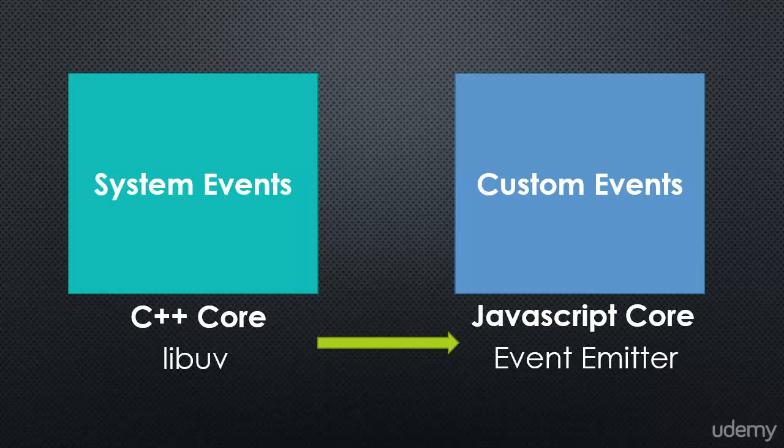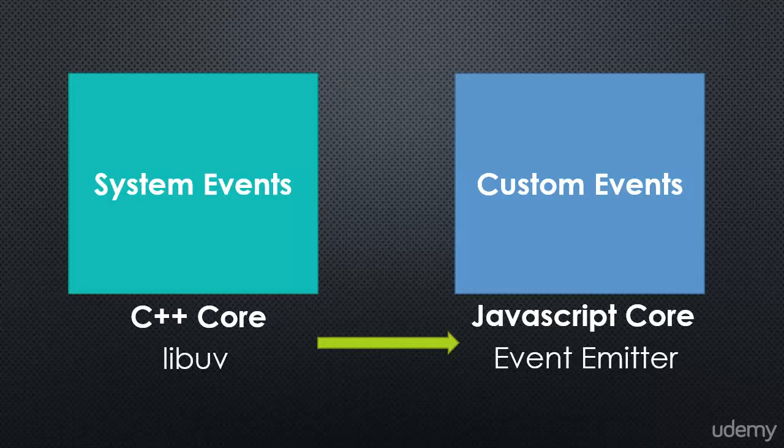So oftentimes, when an event occurs in libuv, it generates a custom JavaScript event to make it easier for us to manage our code and decide what code should run when that event happens. So you can think of it sometimes as if it was just one thing, but it's not. As we're about to see, the JavaScript side is faking it. It's not real events.